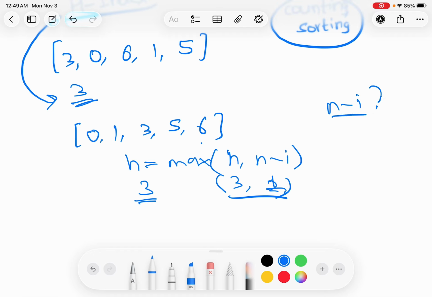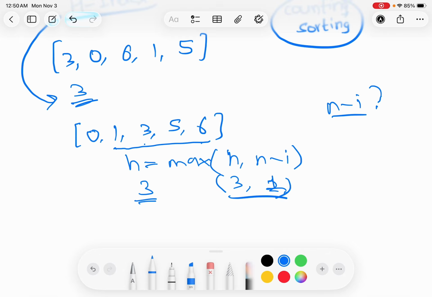Because we have sorted it in ascending order, which means that the paper at this position, let's say the second position, has to be at least as big as the total number of papers minus the index.